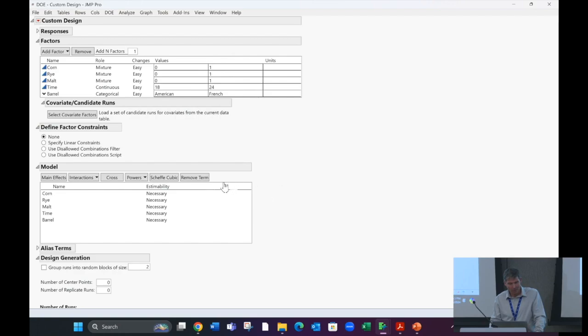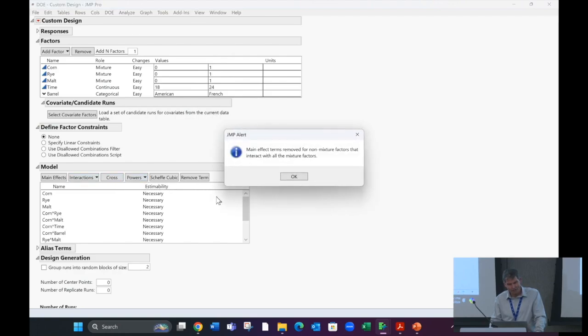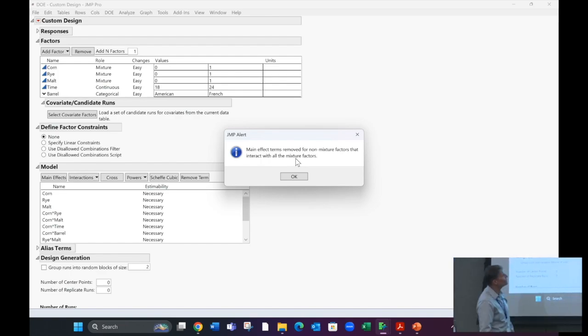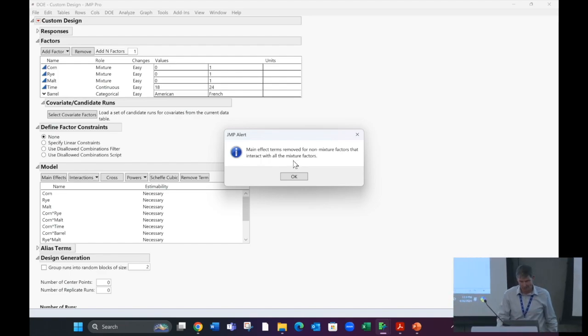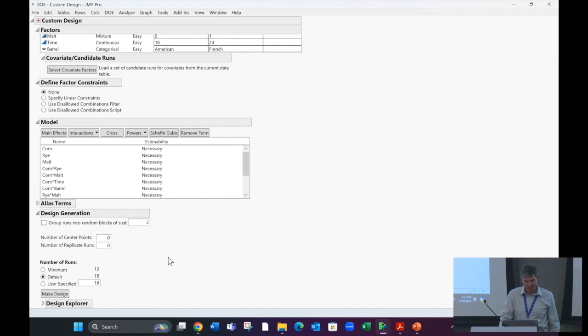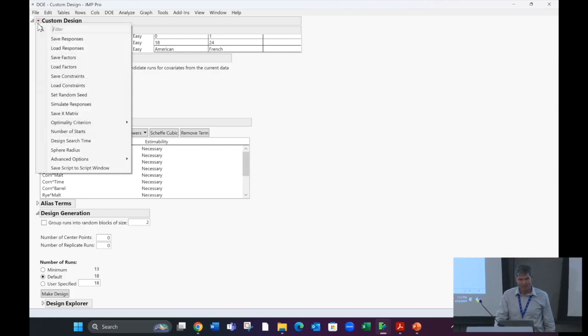So now we can say maybe I'm interested in some two-factor interactions here, and that's where the main effects were removed for non-mixture factors, where there's the interaction. So here's maybe an 18-run design that I can go ahead and make. And not surprisingly, we have choices here. What do we want to do?